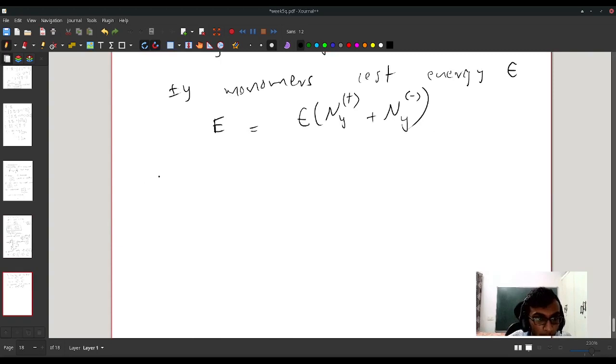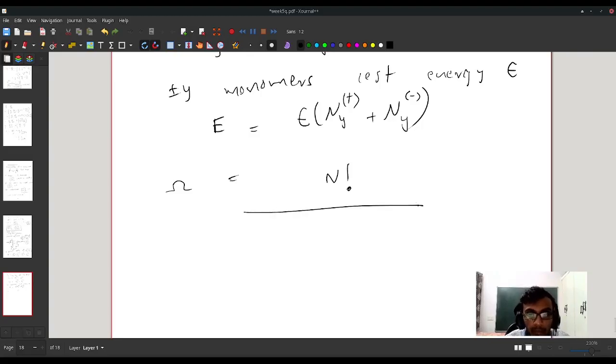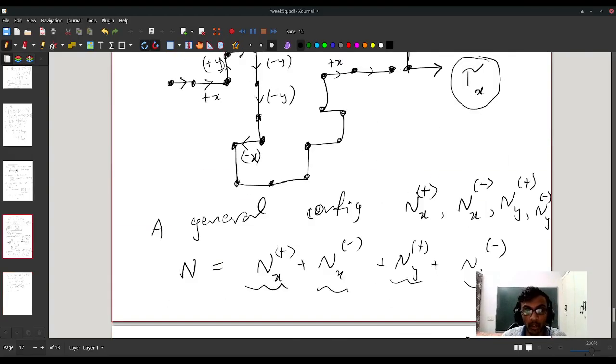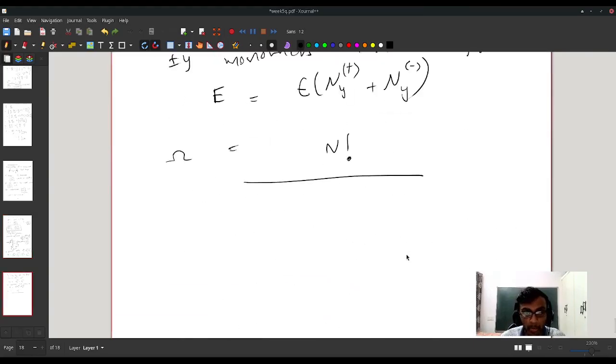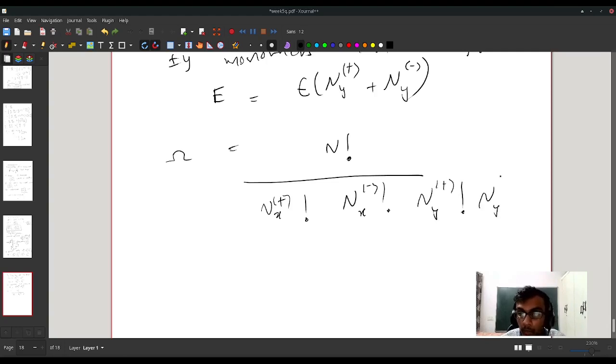So the entropy, the number of microstates, is simply the number of ways of having all these different combinations of these four numbers, which would correspond to different orientations. So that would be n factorial by nx plus factorial times nx minus factorial times ny plus factorial times ny minus factorial.